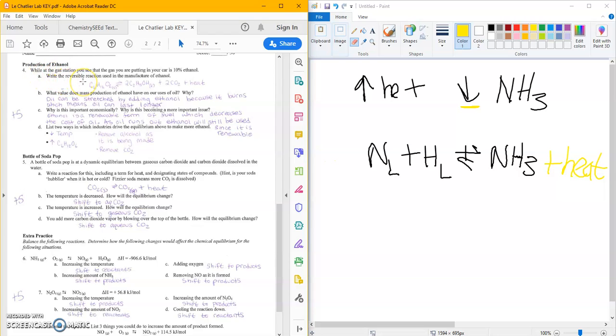All right, next one is production of ethanol. With ethanol, you have sugar, and sugar can be broken down and created into alcohol. Ethanol is the type of alcohol that is consumed by humans. There are many types of alcohol: methanol, propanol, butanol, lots and lots of types of alcohol.